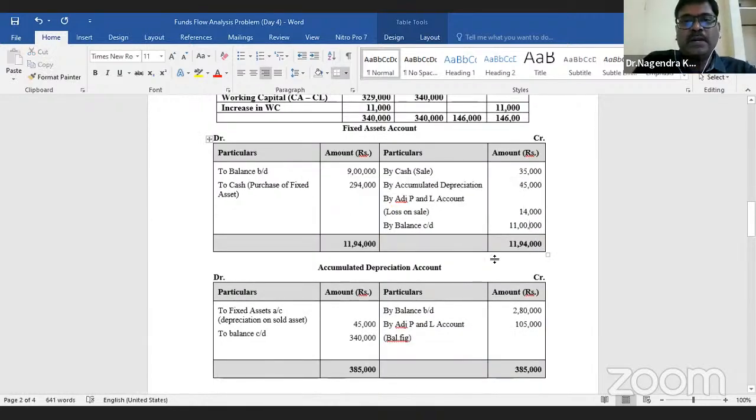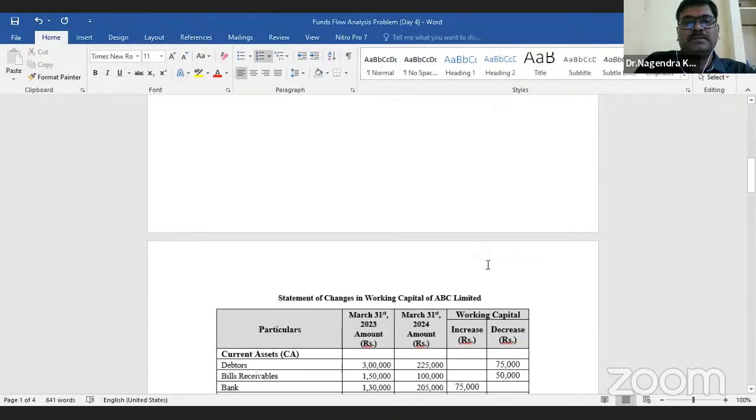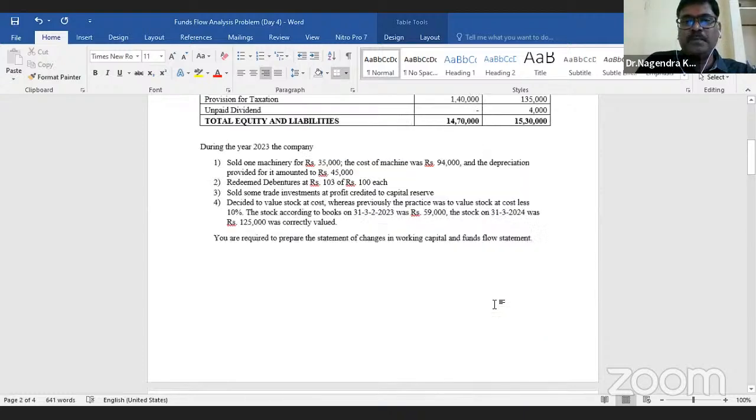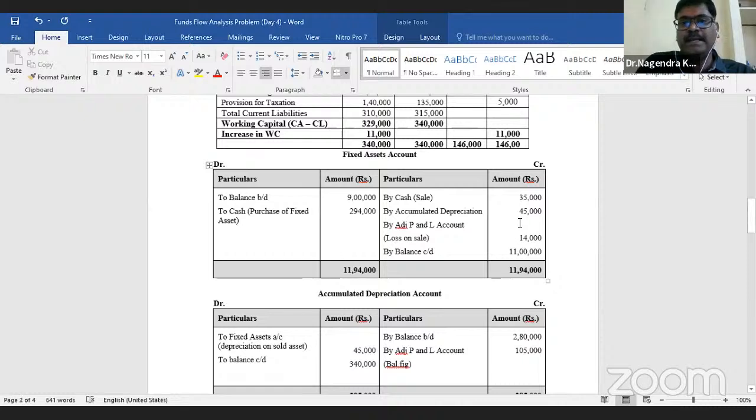So during the year, we sold a machinery, which we show as 35,000, and on this we had incurred a depreciation of 45,000.